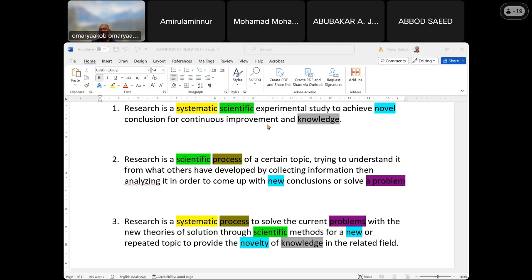Okay. So now we agree that scientific does not mean it is a science and technology field. Okay, yes, that's what we want to stress. Scientific is more of the nature of doing the work, the process of doing work itself. It's a scientific process. So yes, that second definition here, scientific process, is the correct way. So not scientific experimental study.